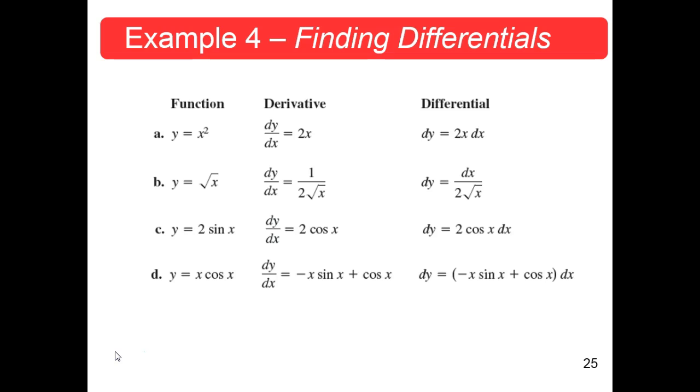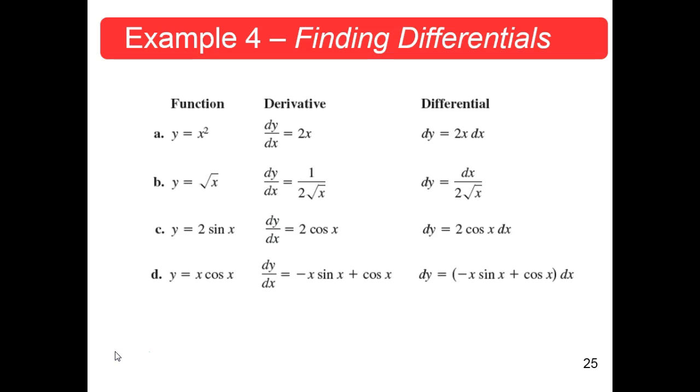Either one of two ways you can do it. Negative x times sine x would be, yeah, there it is: negative x sine x. The other part of the product rule is the first times the derivative of the second plus cosine x.